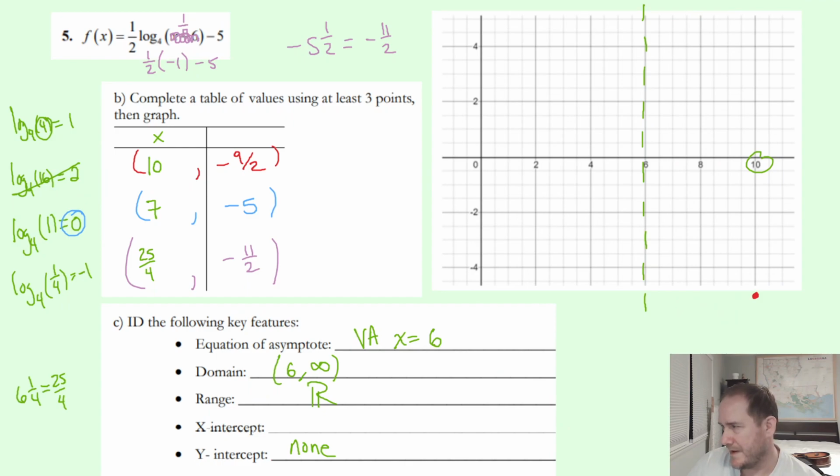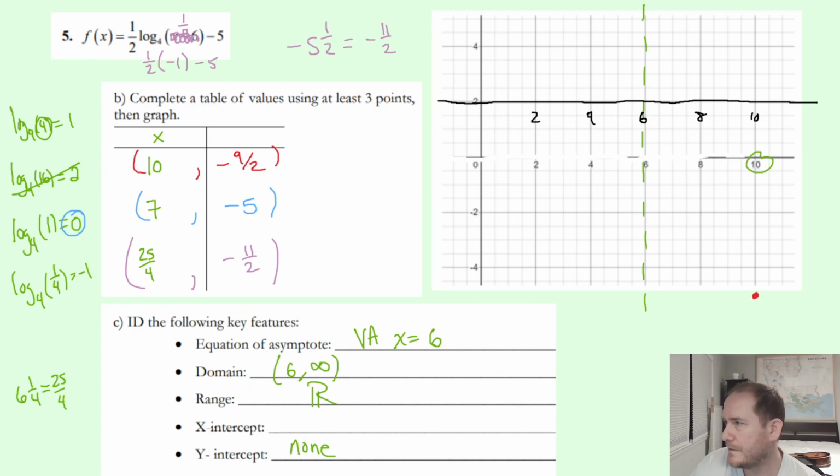So let's just play that game where we pretend that the axis was actually up here. Oh, that changes so much. Okay, this is fine.